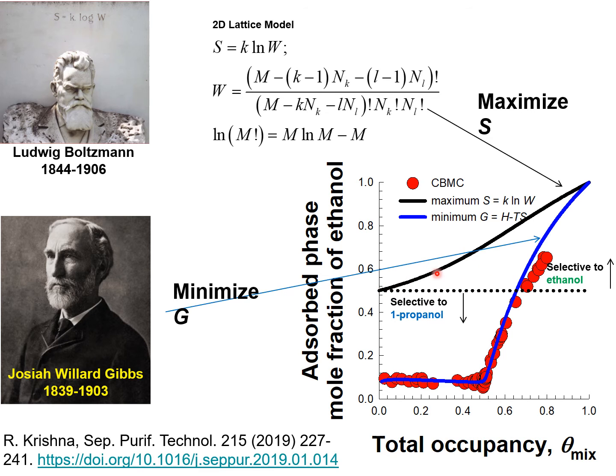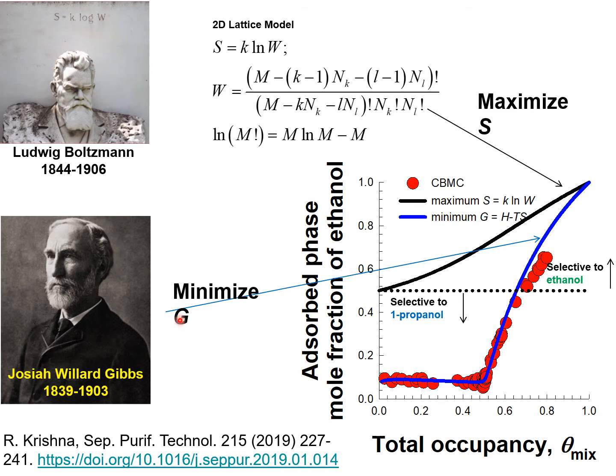The entropic contribution is already shown by this black line, and if we combine the entropic and the enthalpic contribution and determine the minimum in the Gibbs free energy, we obtain the blue line that coincides almost quantitatively with the IAST calculation.